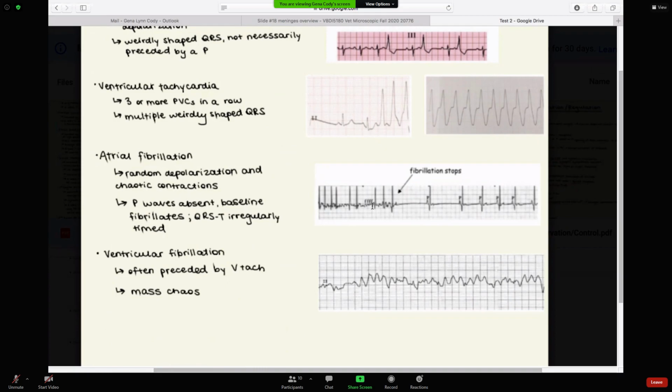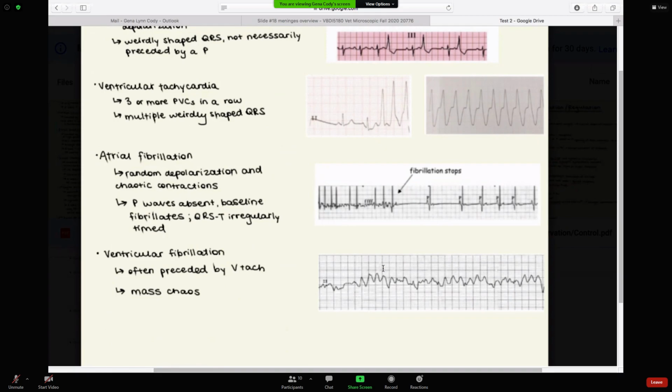Ventricular fibrillation, on the other hand, is literally just mass chaos because I'm not getting my pretty QRS complexes anymore. It's going to look absolutely bizarre. This one is often preceded by VTach right here.